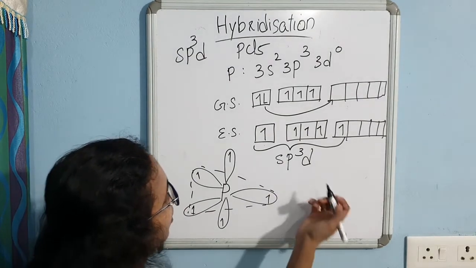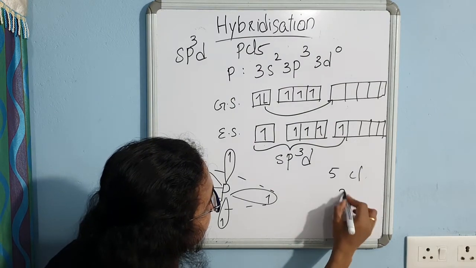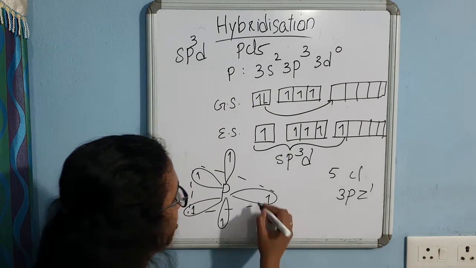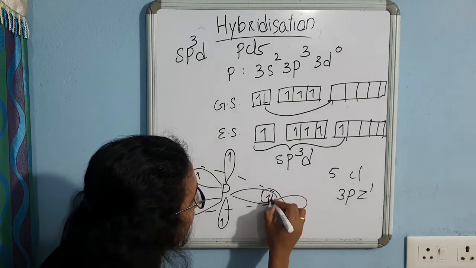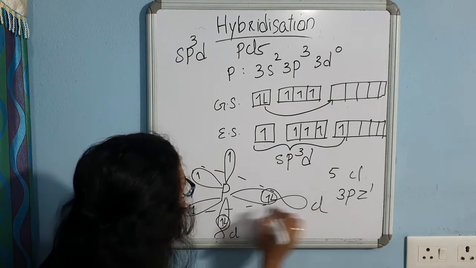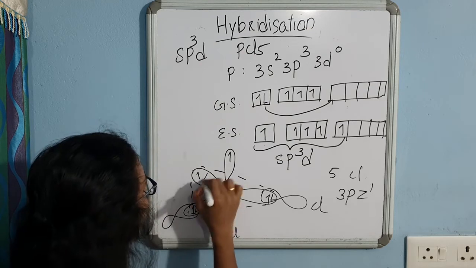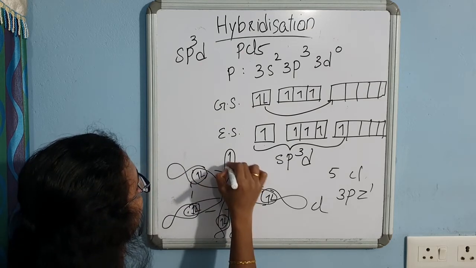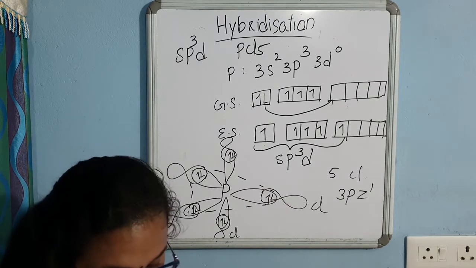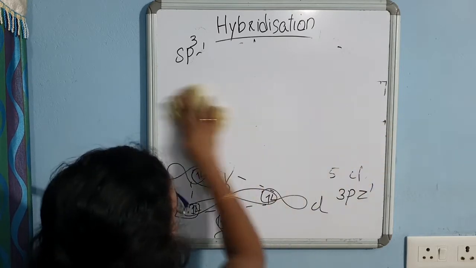So now the 5 chlorine atoms with 3pz1 valence configuration overlap with the 5 hybrid orbitals of phosphorus to form a PCl5 molecule, a trigonal bipyramidal PCl5 molecule.